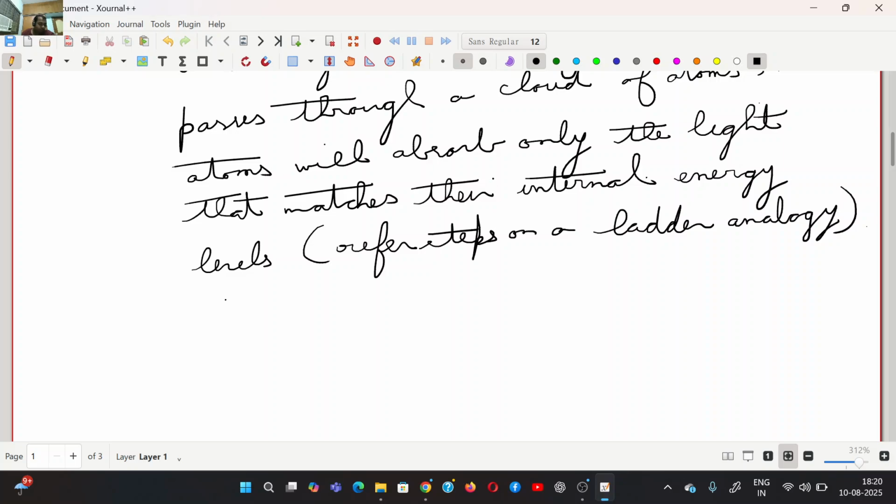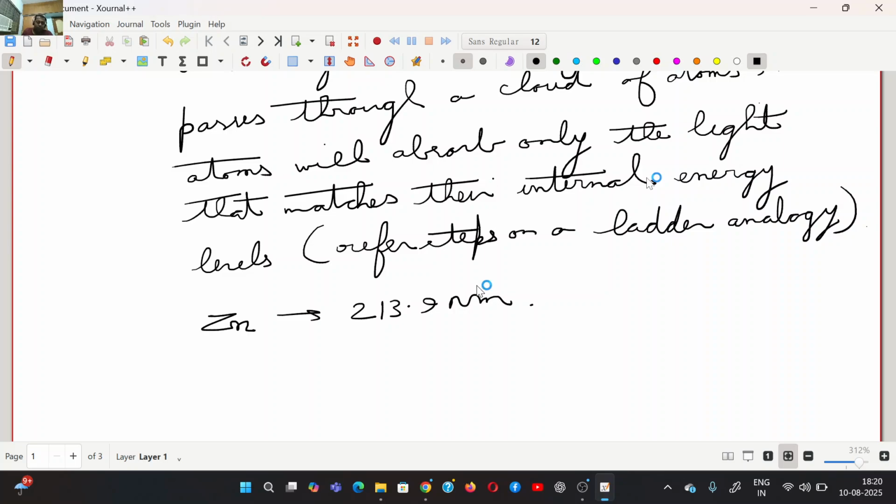For instance, zinc absorbs light at a wavelength of 213.9 nanometers. So the zinc lamp that we will be using for detection of zinc has to emit at this particular wavelength so that the free atoms of zinc can absorb it. That's a unique fingerprint.